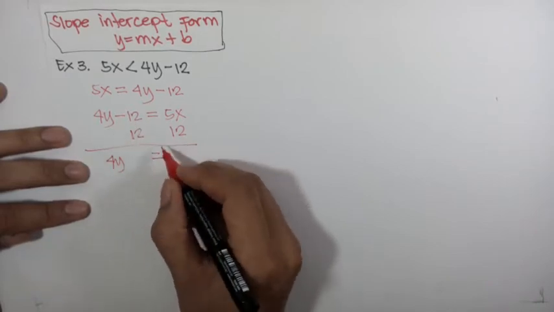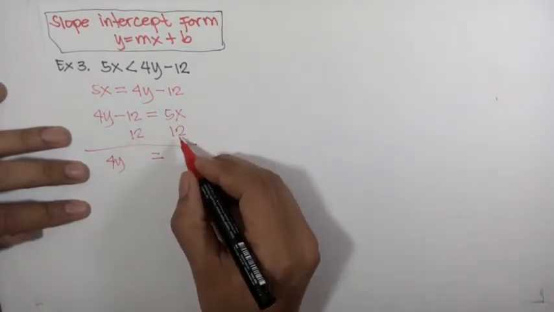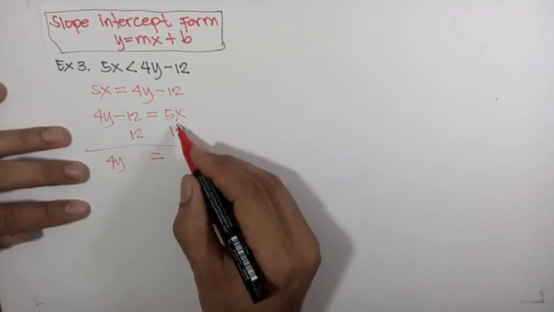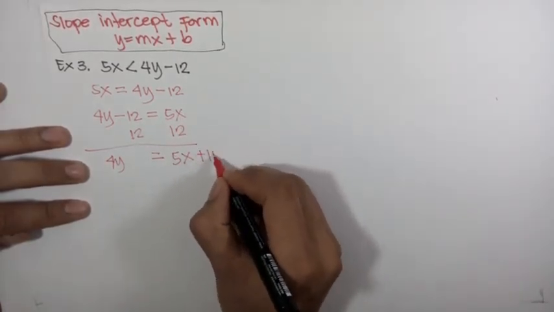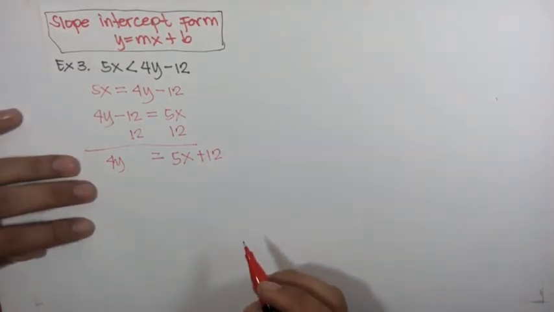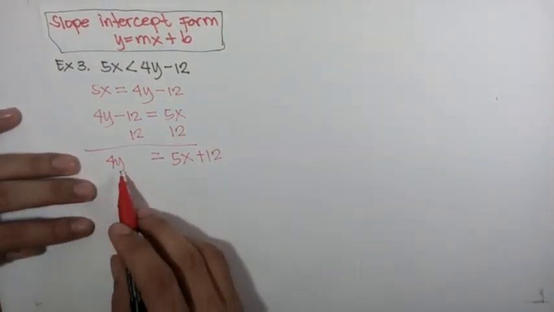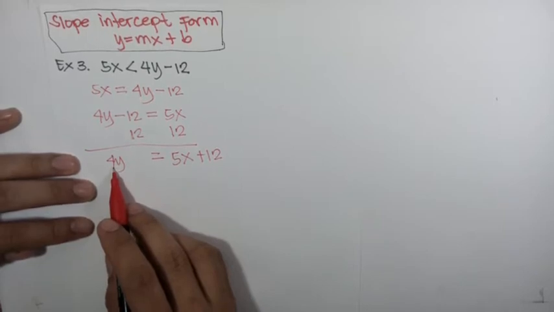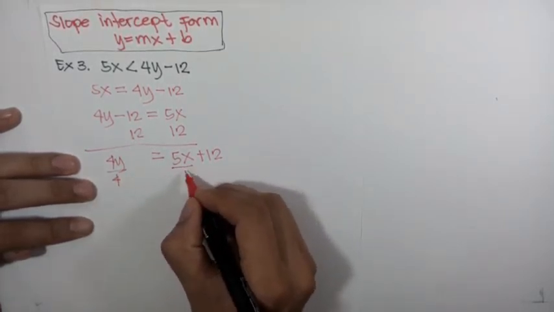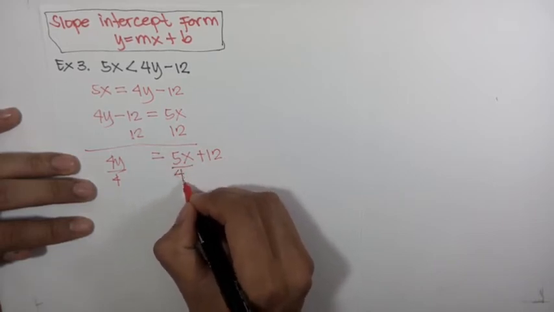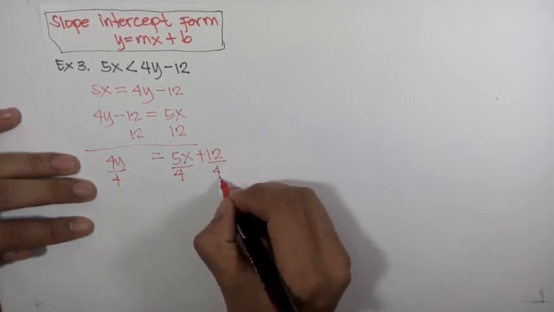So you have equals 5x plus 12, again, not like terms, so you cannot add them, just copy 5x plus 12. Now, the next thing that you are going to do, since there is a number beside y, we'll divide by 4 so that this will become 1. Do the same on the other part. Divide all terms by 4.